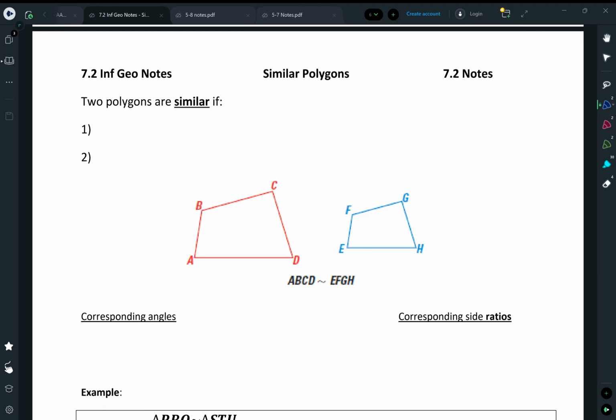Two polygons are similar if their corresponding sides have the same ratio. And we could abbreviate corresponding. Sometimes I just write CORR, but I want to make sure that I write out the full word. You can totally abbreviate it, but just so that you know what I'm actually writing.